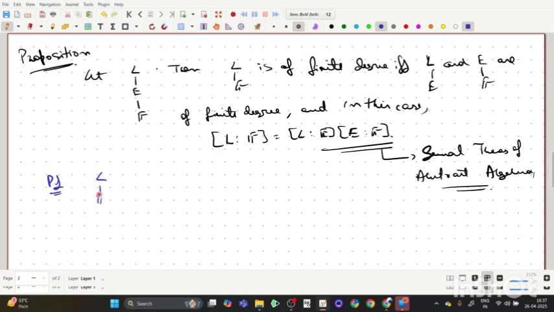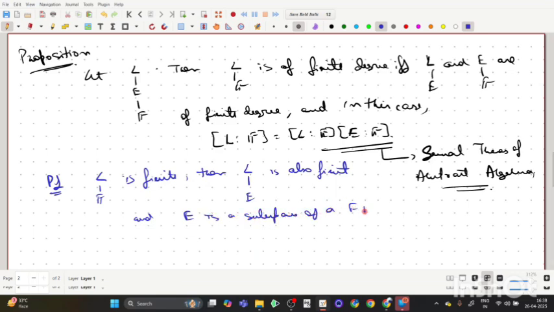See, if L over F is finite, then it is clearly observable that L over E is also finite, right? It is obvious. And since E is a subspace of a finite dimensional F vector space, so E over F is also finite, right? This is a very easy observation.